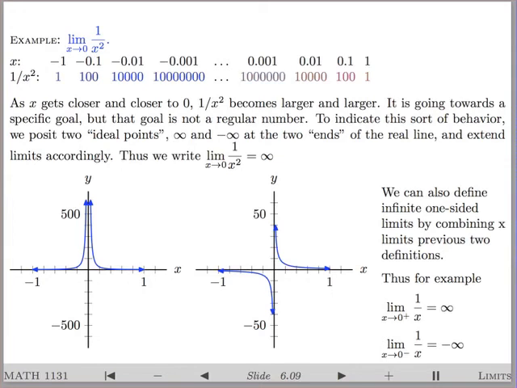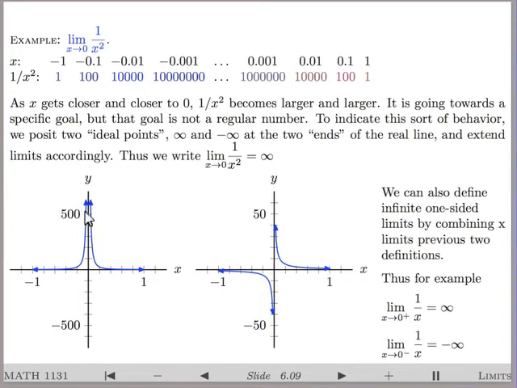So the trouble here is that these have a pattern, but they are not approaching a single number; they are going away from every number. If you look at the graph, it looks like this. As we make x closer and closer to 0, x squared gets smaller and smaller, so its reciprocal gets larger and larger, positive.